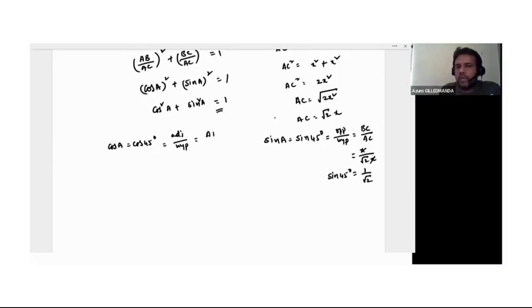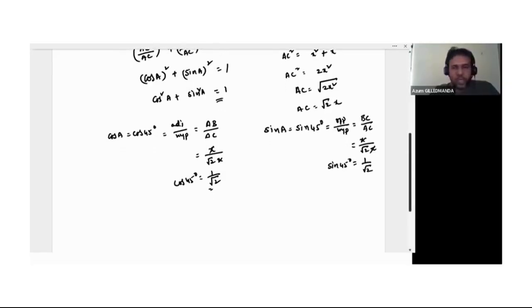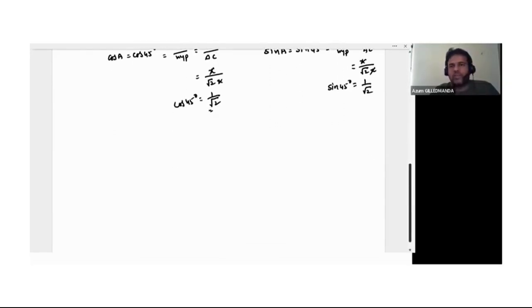Adjacent is AB by AC. AB is X, and AC is the hypotenuse, which is root 2x. So cos 45 I also got as 1 by root 2.